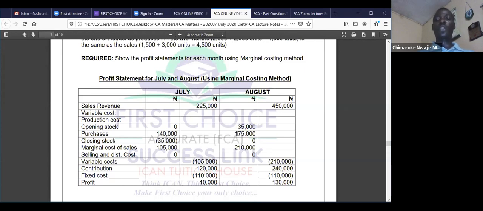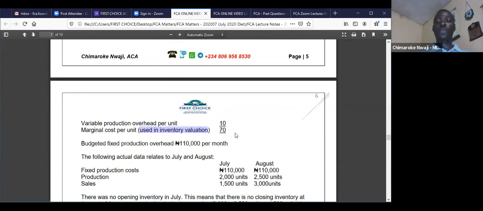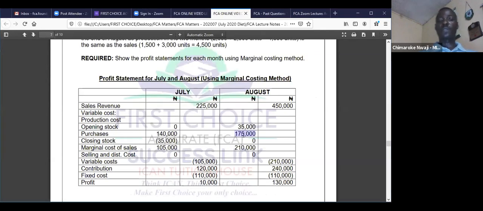Now, purchases or production. What do we have here? How did we get this 175? We were told that production was 2,500 units. So I will say 2,500 units multiplied by 70 naira. That will give me 175,000 here. So there was no closing stock.